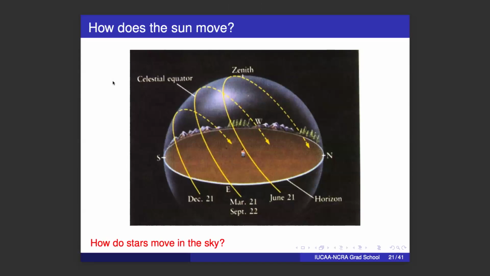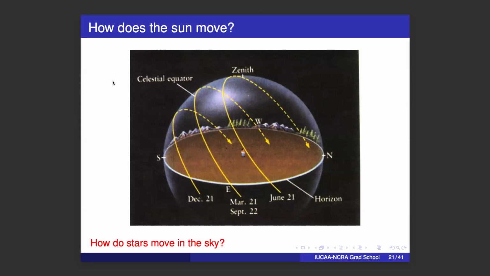So this is how the sun moves in the sky. Okay. So this is for any northern latitude in the northern hemisphere. If you're sitting like us, then on March 21st and September 22nd, the sun will rise precisely in the east and it will set precisely in the west. Okay.